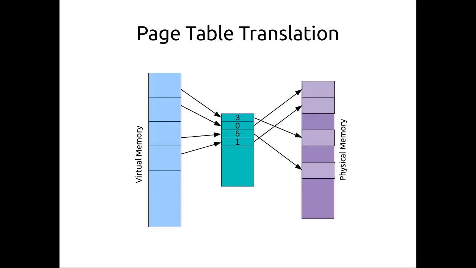So let's go through a couple of examples of what this looks like. Here we have virtual memory on the left, physical memory on the right, and you can see that we have a number of virtual pages within virtual memory. Each of them corresponds to the entry in the page table that they point to. So the 0th index page within virtual memory, which is to say all of the addresses between 0 and 4096, is actually held in frame number 3, or index 3, in physical memory.